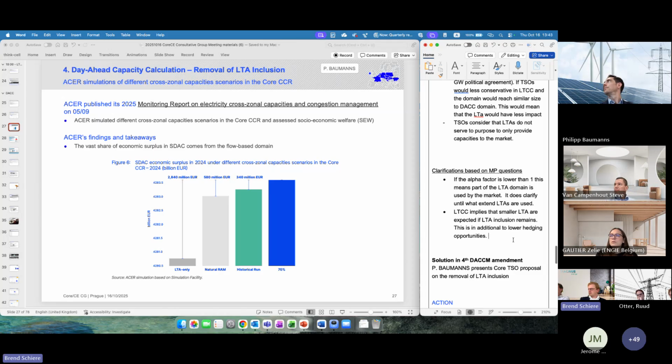And what I want to add is that, okay, it might be that today, guaranteeing the LTA doesn't have a huge impact, but it's an insurance as well. We are saying that if we coordinate the long-term capacity calculation and we keep the LTA, we guarantee 1,000.